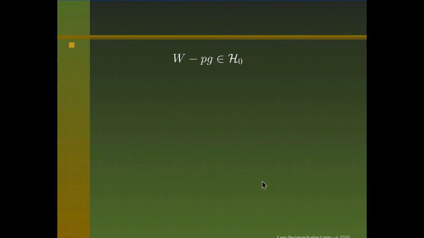And then P times G would be the orthogonal projection. So that means W minus PG must be orthogonal to G. And that allows you to compute P to be the inner product between W and G divided by the norm square of G.